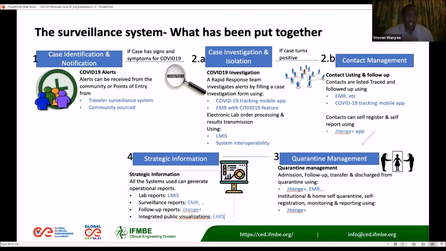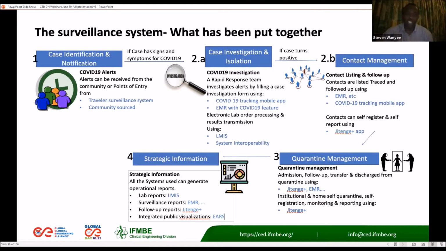In terms of digital health, there are systems that were built immediately after COVID struck, and those are still in use, mostly utilizing mobile devices. If a case was found to have signs and symptoms for COVID, and there's a protocol drawn from WHO and domesticated, that would trigger a case investigation. So you go to 2A and isolation.